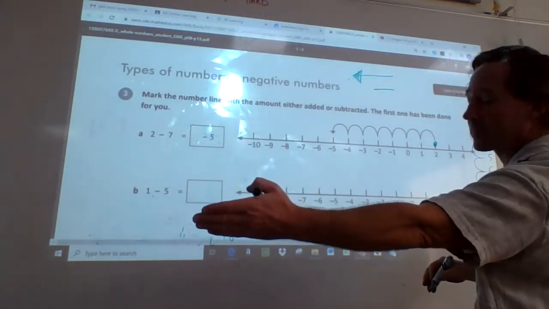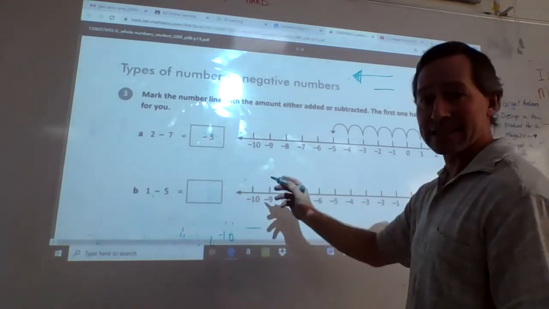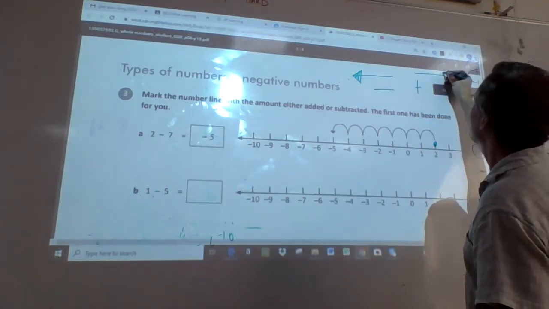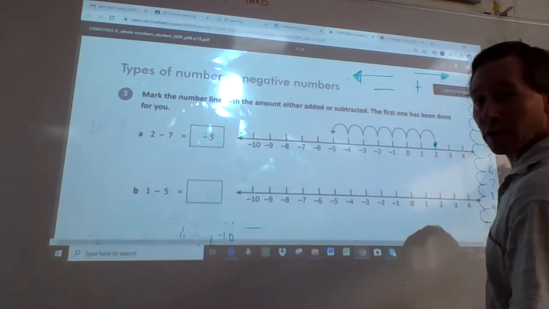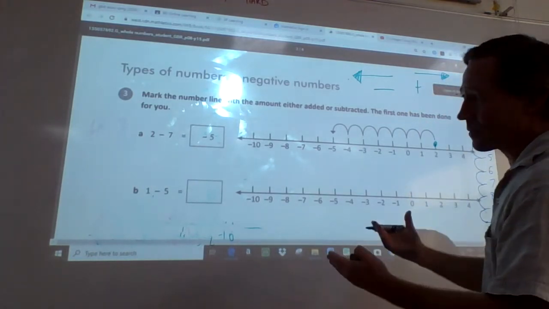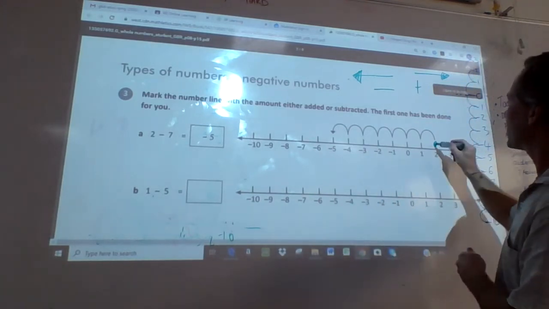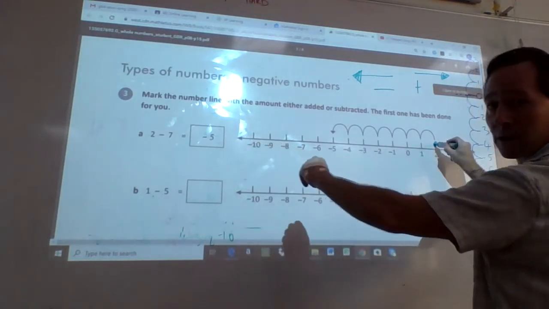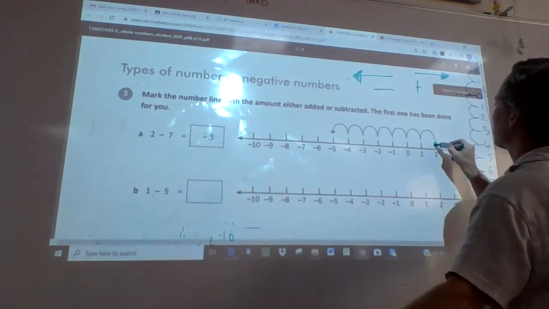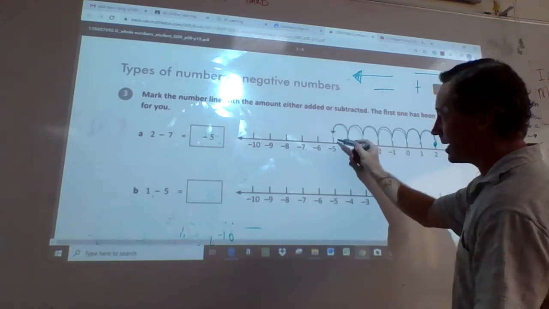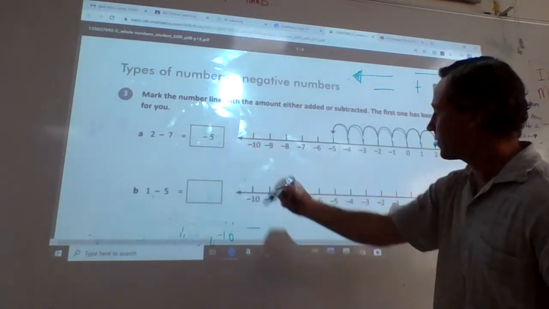We're going to go that way. If it said 2 plus 7, plus, we want to go to the right. Now there are some other things I will teach you in the next video, but in this particular case, let's look at this. We're at 2 minus 7, so I'll jump 1, 2, 3, 4, 5, 6, 7. I end up with negative 5.